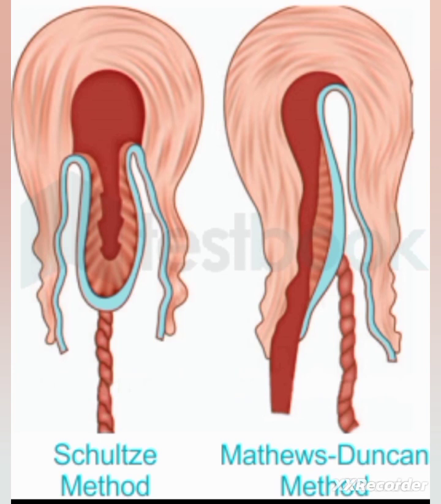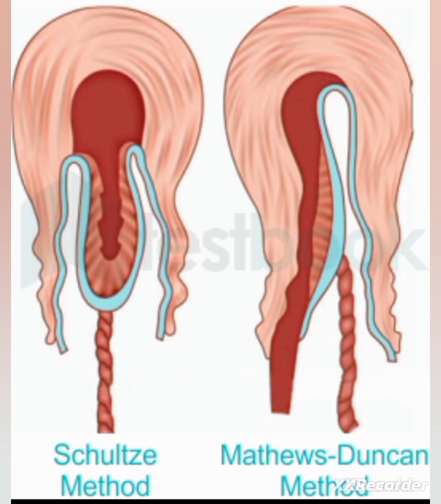Stripping or separation of membranes is also done with the placental separation. The expulsion of the placenta is done by voluntary contraction of the abdominal muscles, that is bearing down efforts, or by manual method. So that is regarding the third stage of labor.